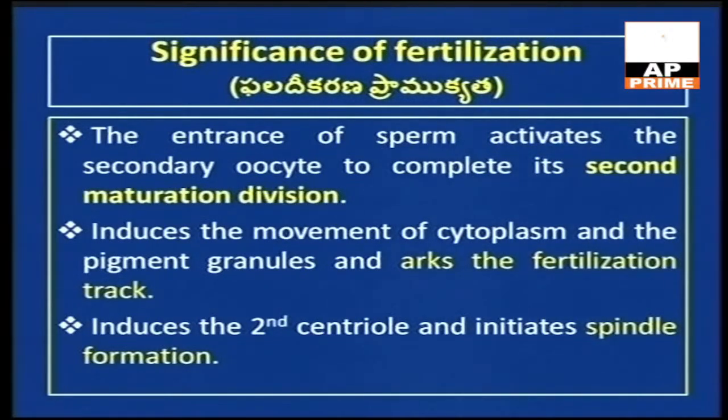That means after the spermatozoa reaches the egg membrane, the egg forms the fertilization tract to reach the ovum, and fertilization induces the second centriole and initiates the spindle formation. It helps in the fusion of male and female gametes, and it also restores the diploid number of chromosomes.